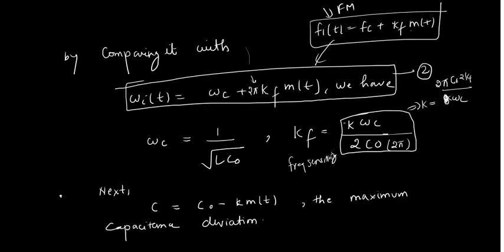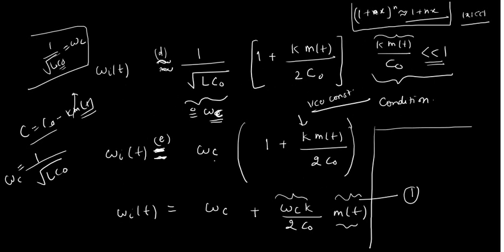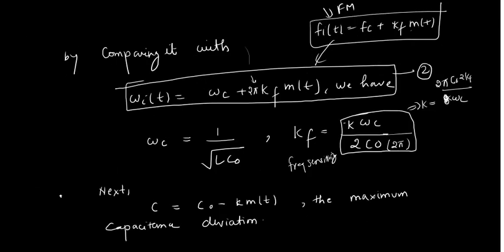So omega C is 1 upon root L C naught, which I have just written here. And Kf, the frequency sensitivity, is K omega C upon 2 C naught times 2 pi, where omega C is the free running frequency of your oscillator here. K is the VCO constant, C naught is the initial capacitance, and this is just some constant 2 and 2 pi.